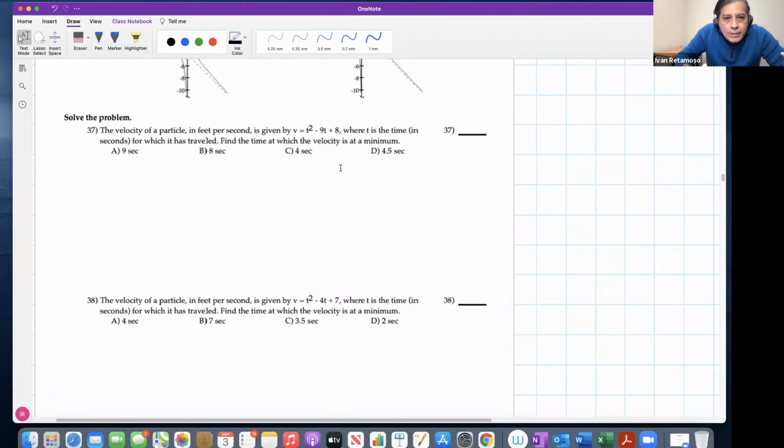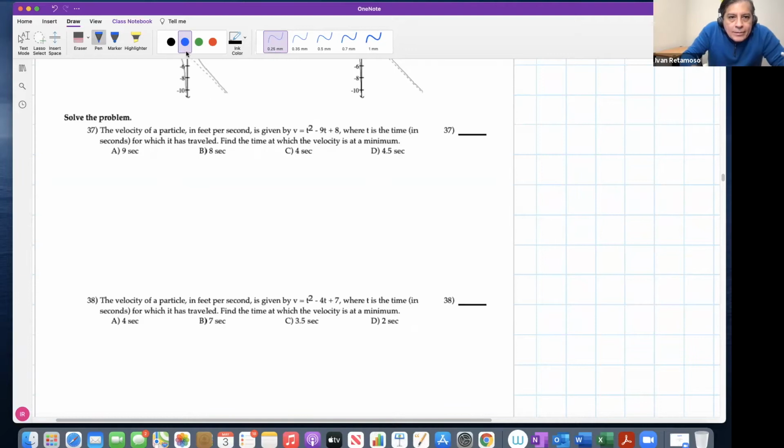Question number 37 deals with the minimization of a function, and we know that we do it via derivatives. It says the velocity of a particle in feet per second is given by this equation, v equals t squared minus 9t plus 8, where t is the time in seconds for which it has traveled. Find the time at which the velocity is at a minimum.